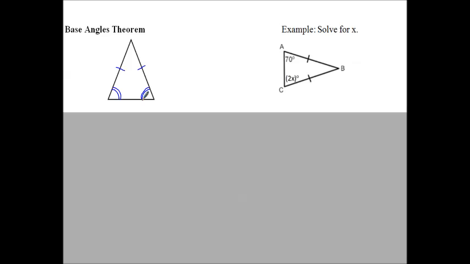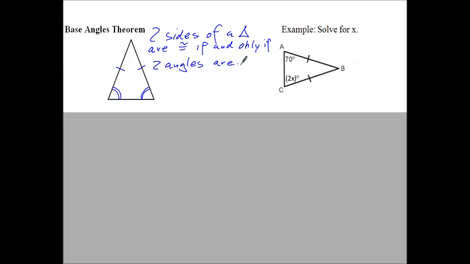Those, in this case, are the base angles. 2 sides of a triangle are congruent if and only if, this is a biconditional statement, if and only if 2 angles are congruent, the base angles.